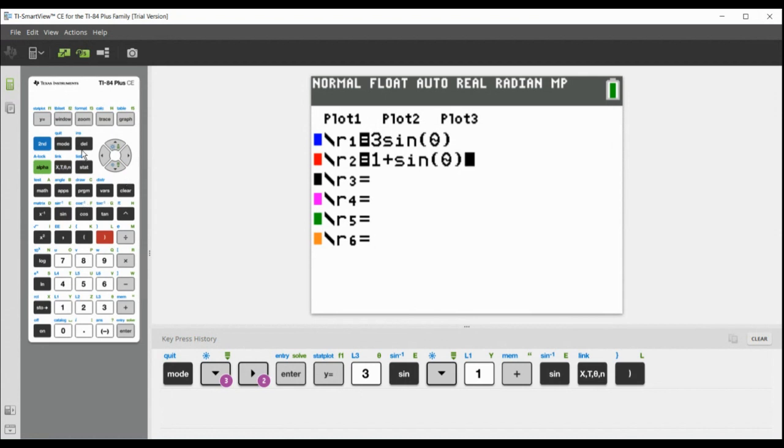I'm going to just keep moving forward here if there are no questions. Okay, and I got to decide on a window. I know that the 3 sine theta, at largest it could be 3, and smallest it could be -3.